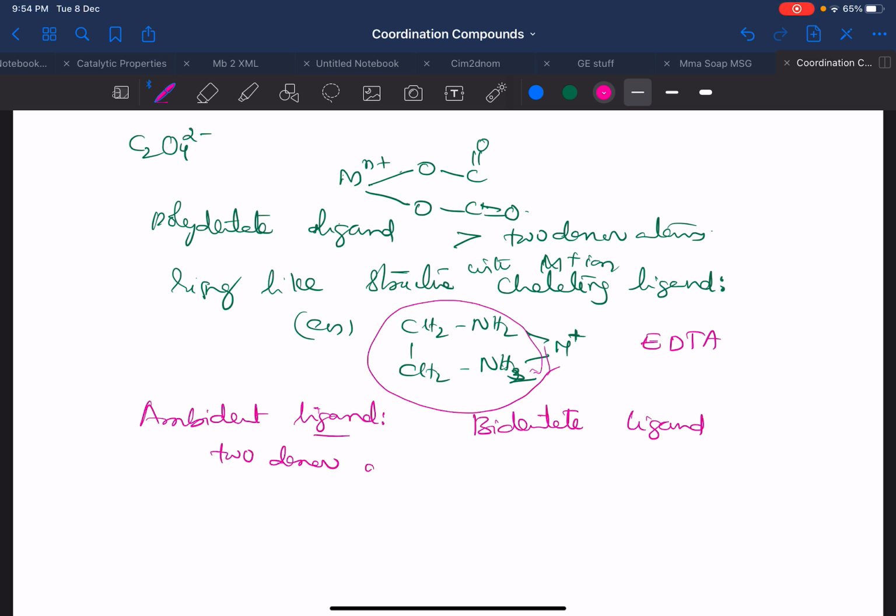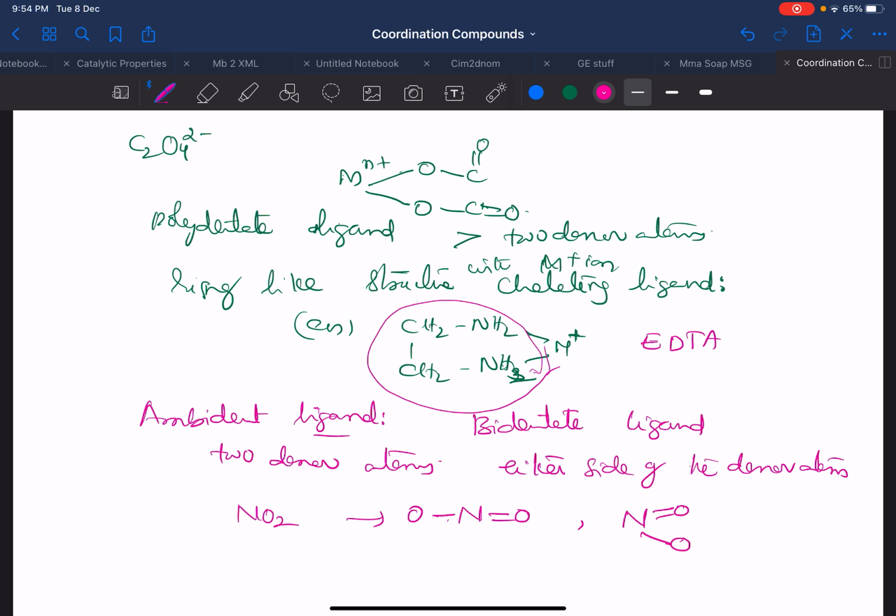The ligand attaches with the central metal atom through either of the donor atoms. For example, NO2. Here is the structure of NO2, that is N double bond O, and single bond O.